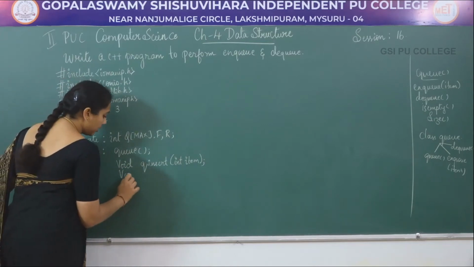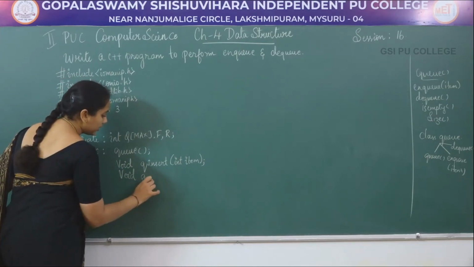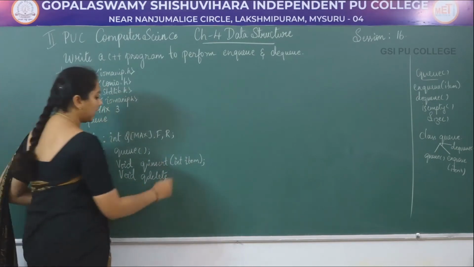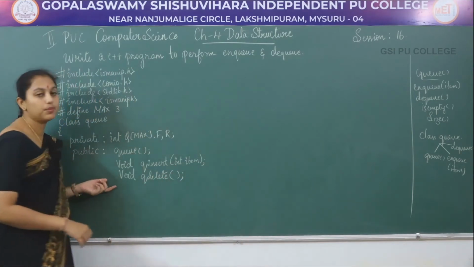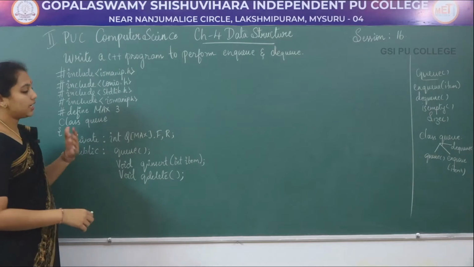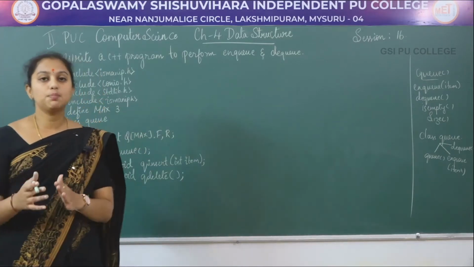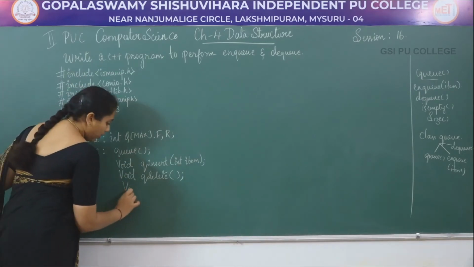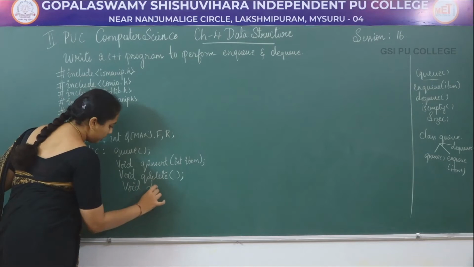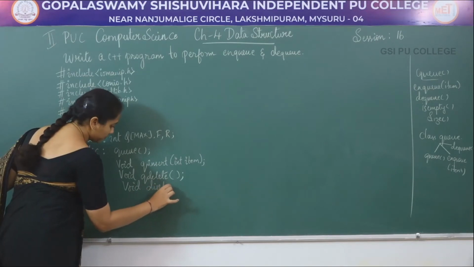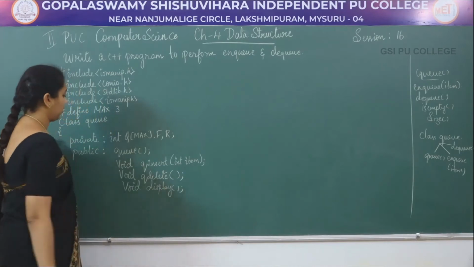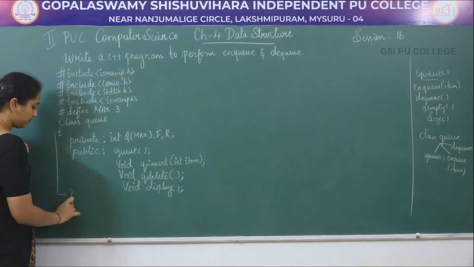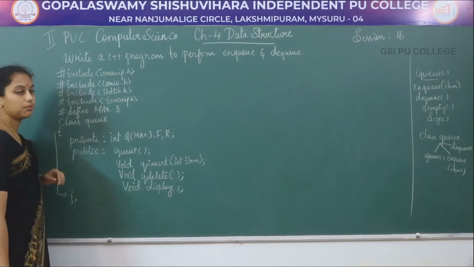And the next function is void queue delete. This is to perform the deletion of an item from the queue. After inserting and deleting an item, to display the queue contents, we require a function called display. Void display function. So I am going to close this class by terminating it with a semicolon.